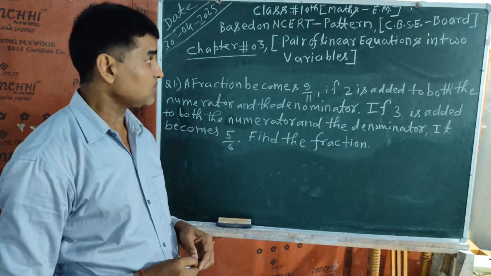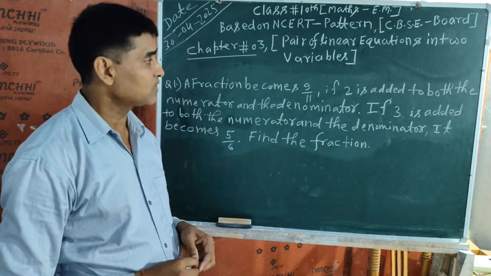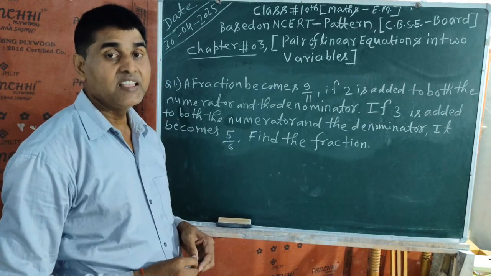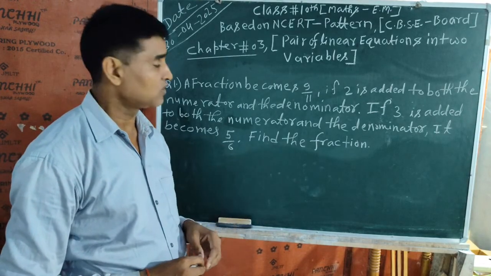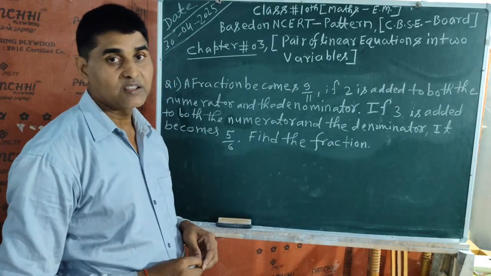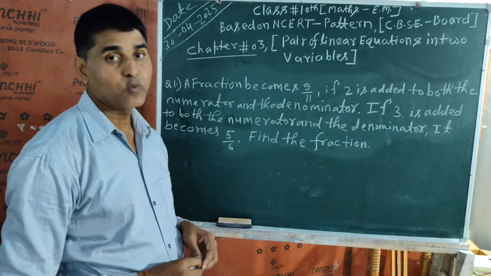If the first condition exists, it means both lines are not parallel to each other. If both lines are not parallel, one line will intersect the other line, so I will get a coordinate point, and that coordinate point I will call the point of intersection.